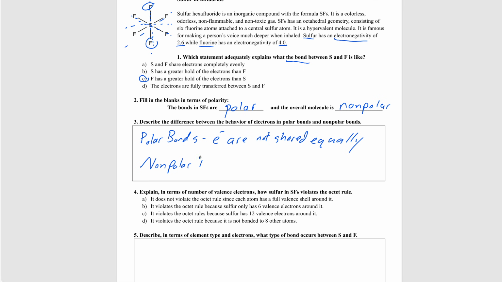In nonpolar bonds, your electrons are shared equally. And a nonpolar bond will be when the electronegativities are very similar, like a difference of 0.4 or less.